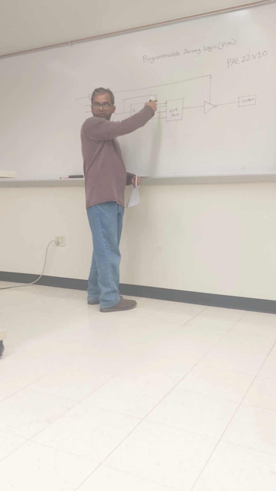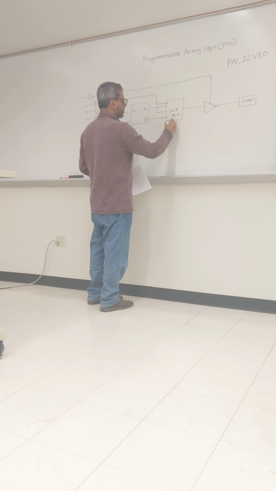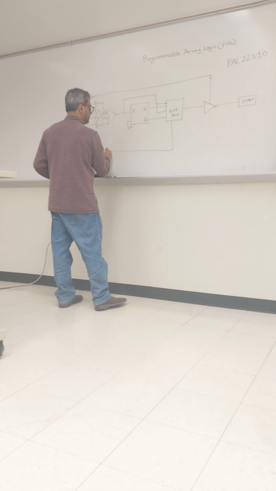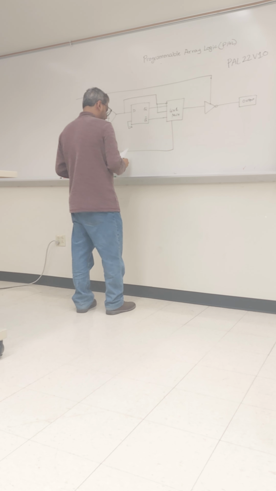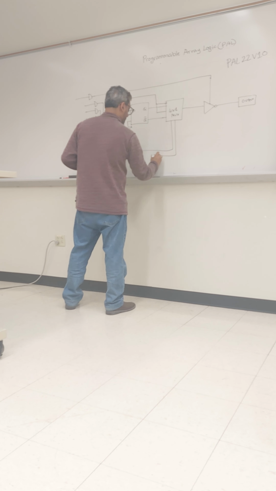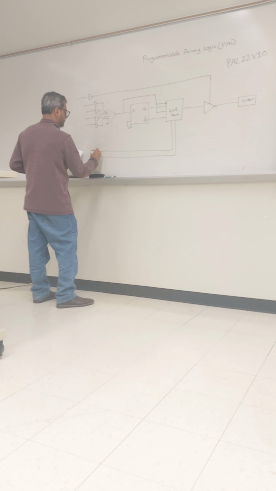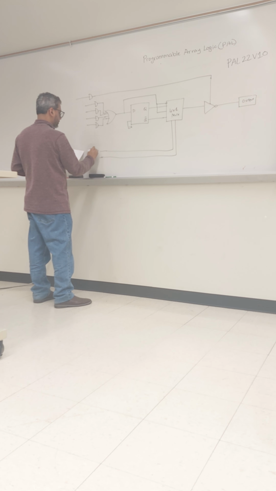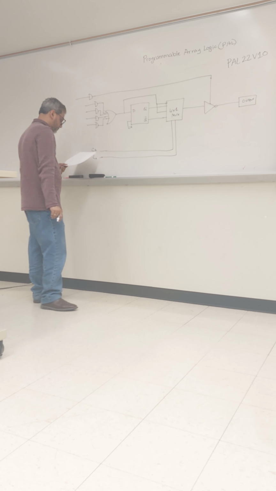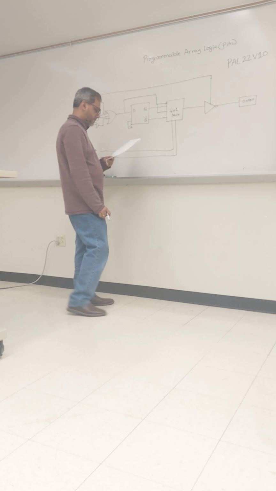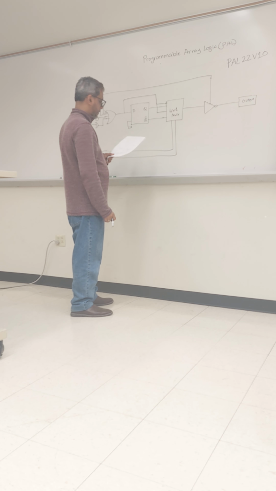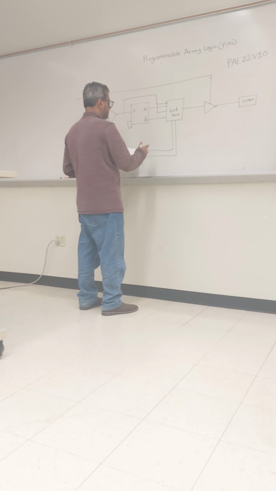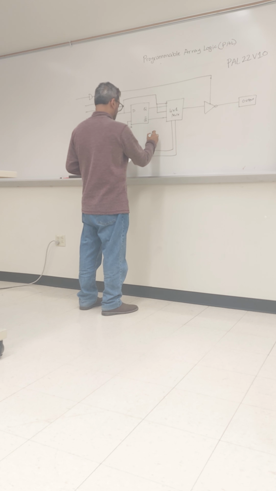Two selection lines because this is a 4 to 1 mux. This is the selection line, say this is control 1, control 0. Okay. Then it has another 2 to 1 mux.